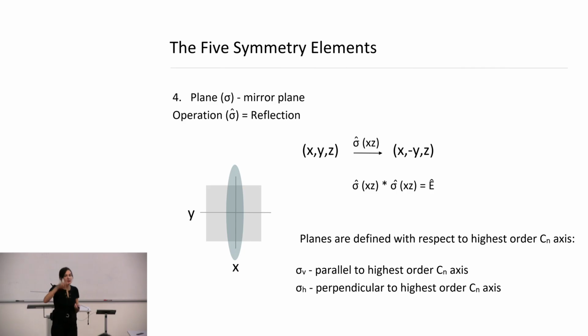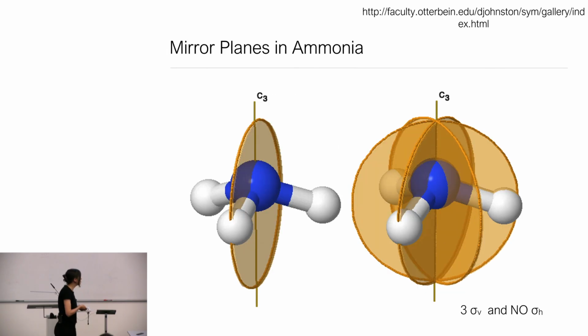So we think of this as a vertical plane parallel to the highest order rotation and a horizontal plane perpendicular to the highest order rotation. And of course, just as with any other symmetry operation, when I repeat that operation to its completion, it must always return the identity, right? It always takes it back on the nuclear axis to something that is indistinguishable from itself.